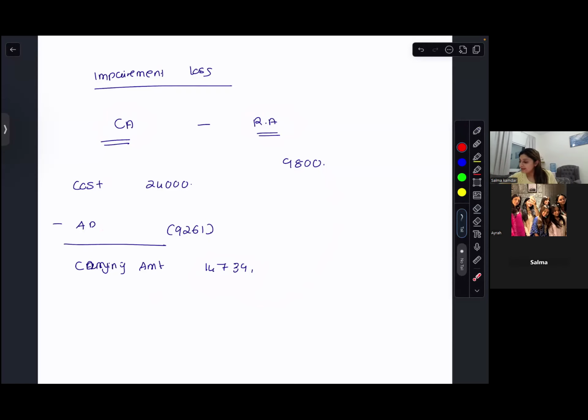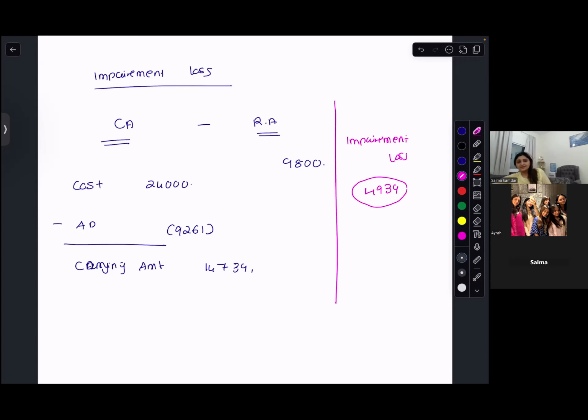So my impairment loss is 14,739 minus 9,800. My impairment loss is 4,939.